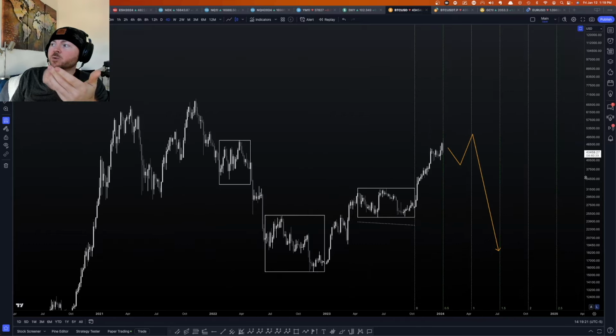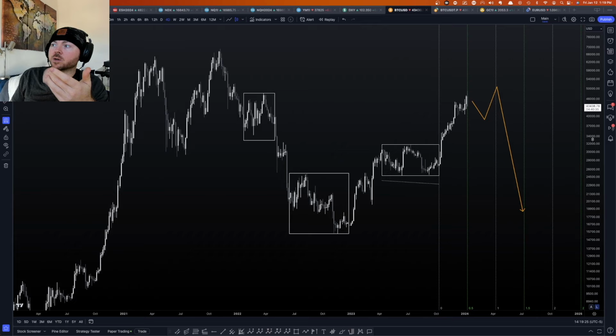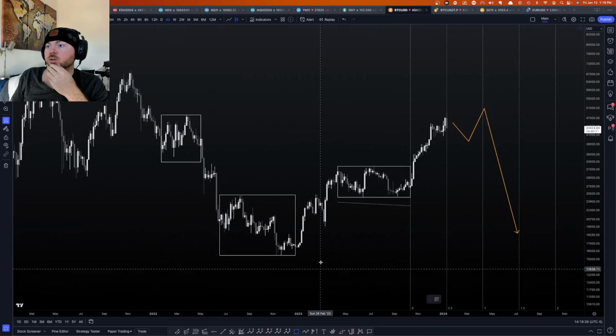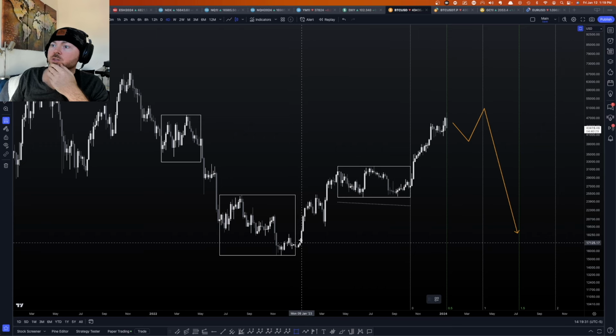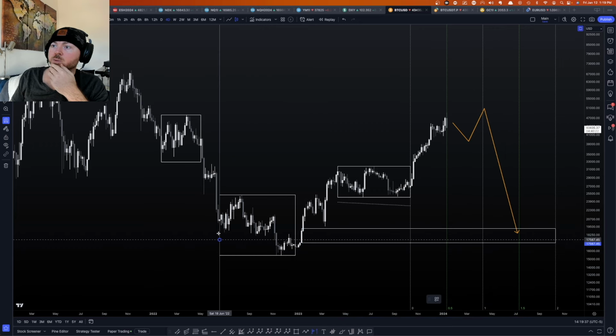It doesn't have to be super bearish. It doesn't have to come down to the 618 down here at 4,700, but there's still this whole area here where there's a massive volume disparity.